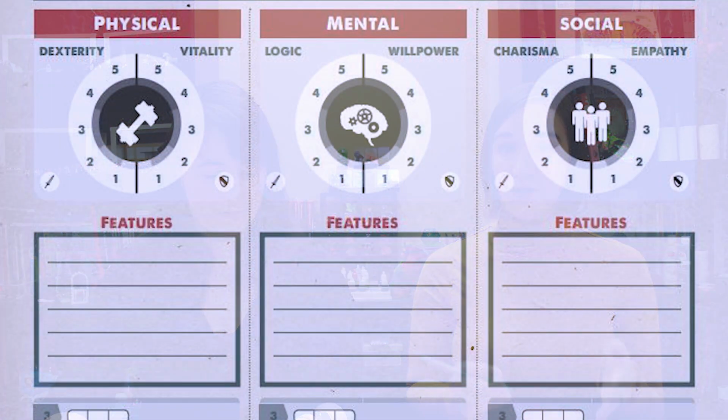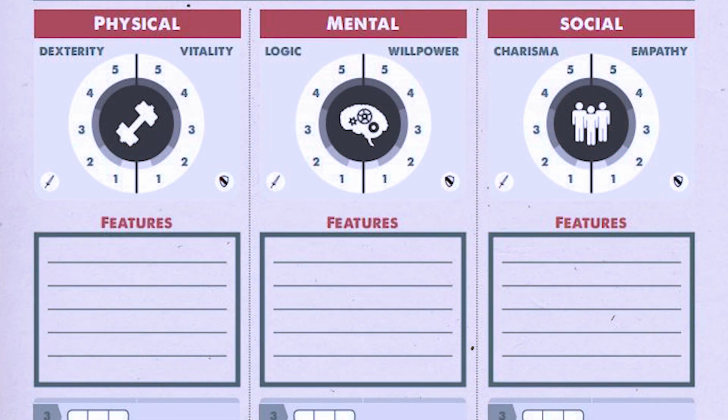Features are just stable characteristics that you have that are related to each of the 3 different characteristics. So we have physical features, mental features, and social features. The base you have is one positive and one negative feature in each of the 3 characteristics.